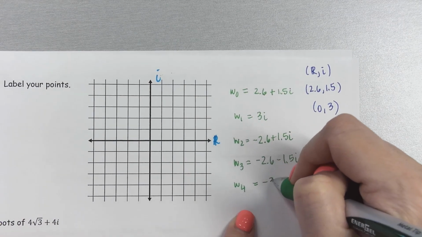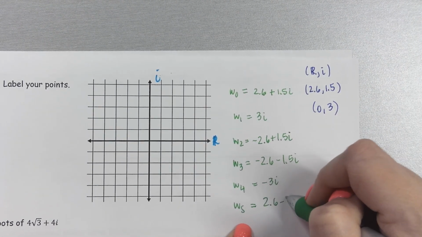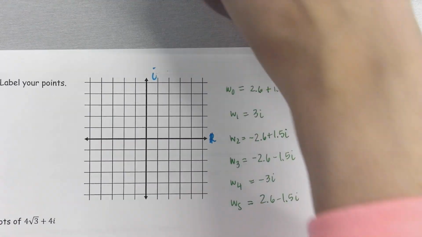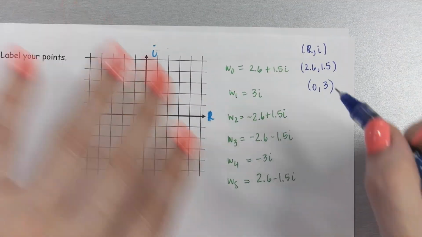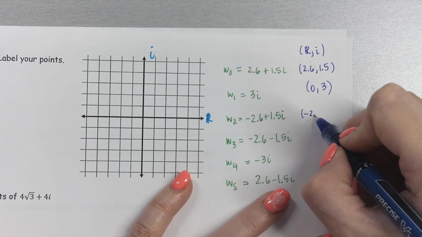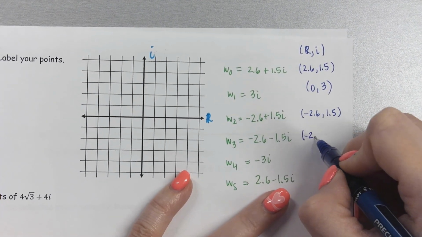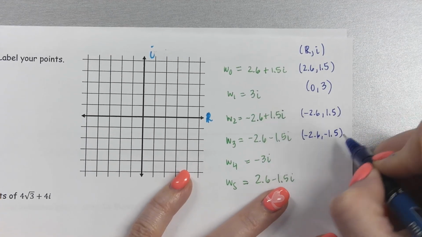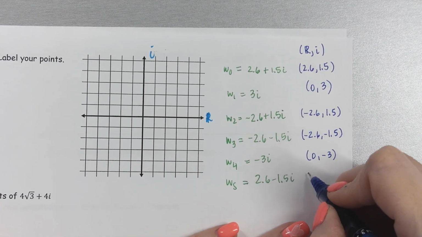W sub 4 is negative 3i, and then W sub 5 is 2.6 minus 1.5i. So once you find that first decimal, you're just going to be using that several times. And these are your coordinates that you're going to be plotting.